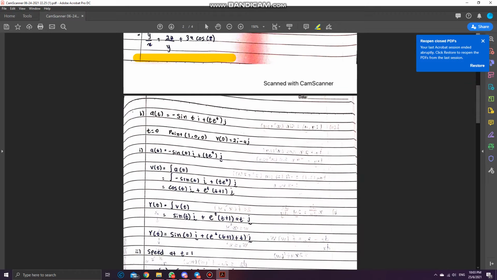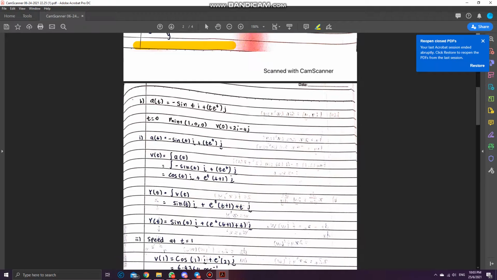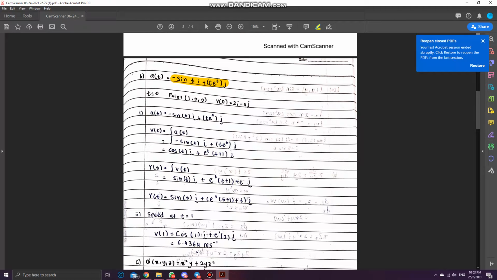For B, the question asks us to find the acceleration for this function. The conditions are at t equal to 0, the point is 1, 0, 0, and v0 is equal to 2i minus 4j.